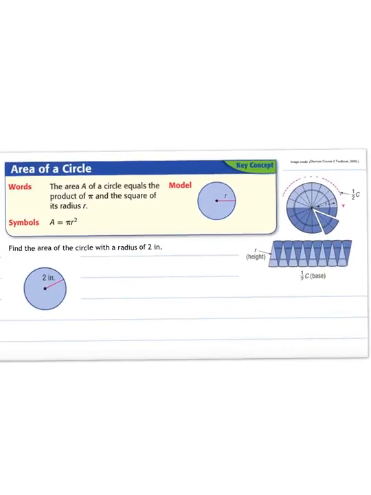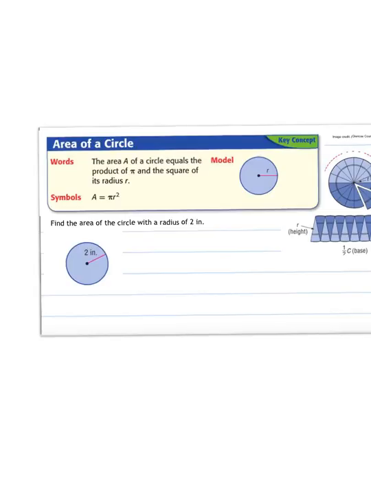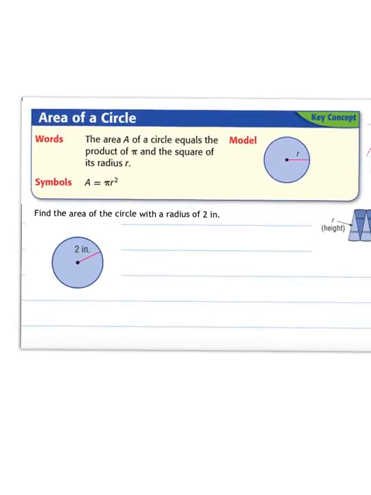Okay? So on here, find the area of a circle with a radius of 2 inches. Okay, so area equals pi r squared. Pi, I'm going to use 3.14. For the radius, 2, and that's squared.